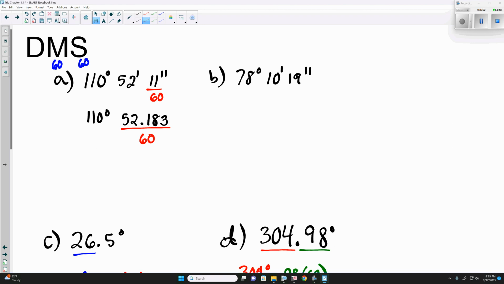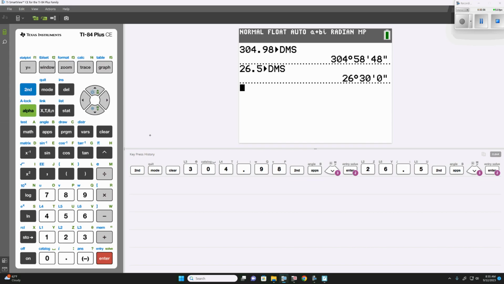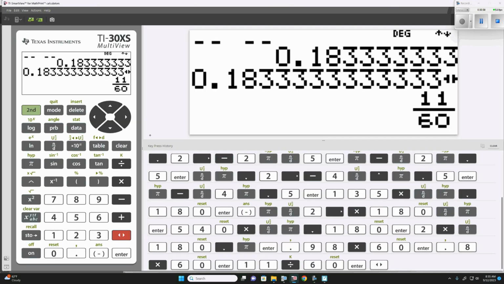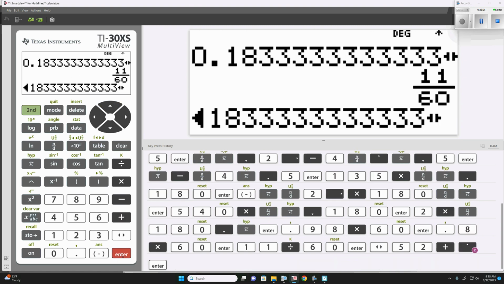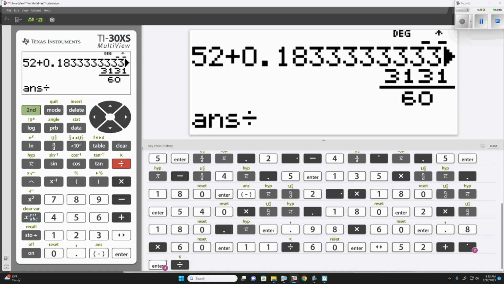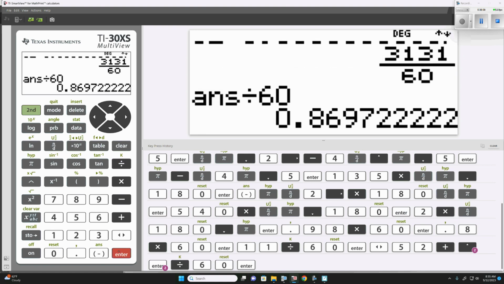Now we have to divide it by 60. Luckily, in the calculator, I can do 52 plus this here, and then divide it by 60. 0.8697.